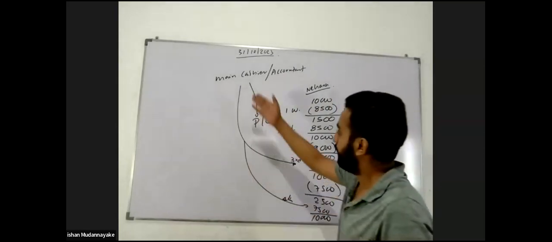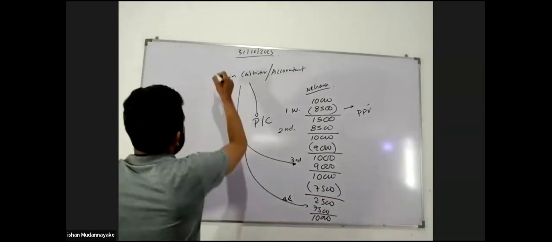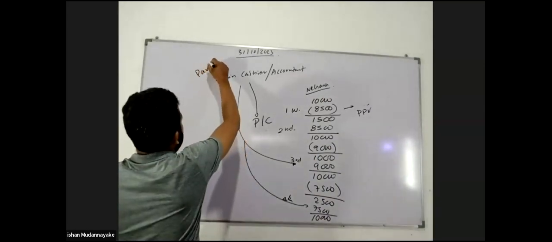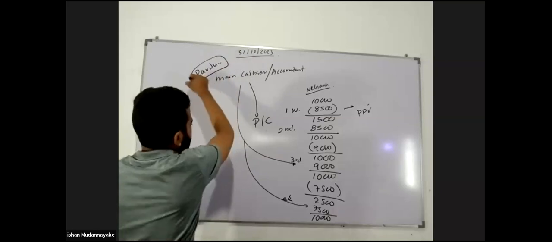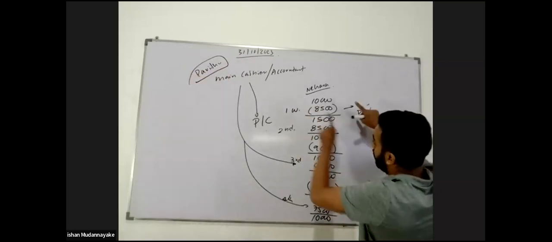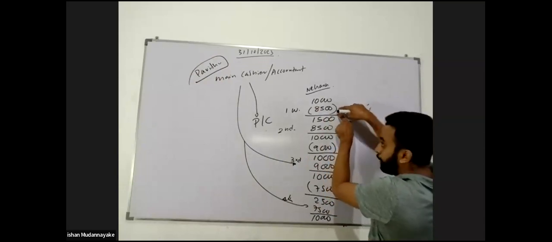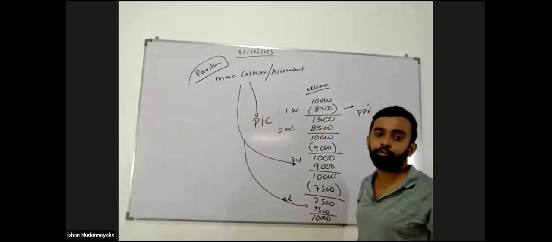Let's say in this business Pavitran is the accountant. Nehara needs to hand over the petty cash payment vouchers related to this 8,500 to Pavitran, the accountant.